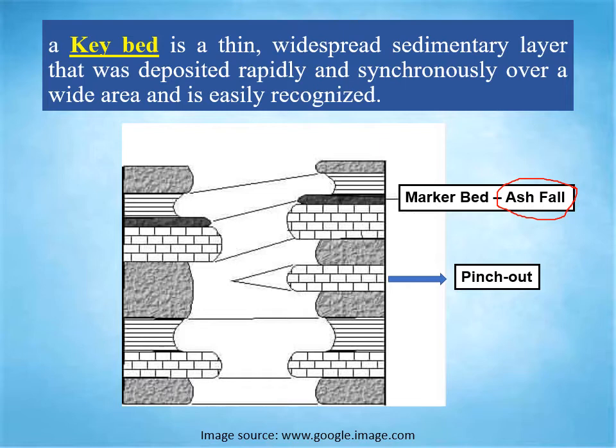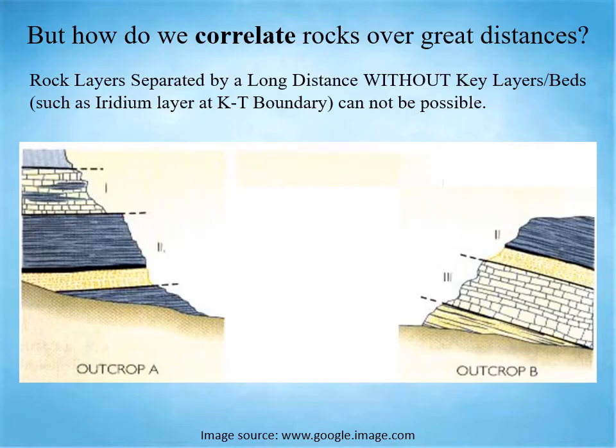Now, in this picture, you can see the rock units separated by a large distance. Outcrop A and outcrop B are separated by a large distance.